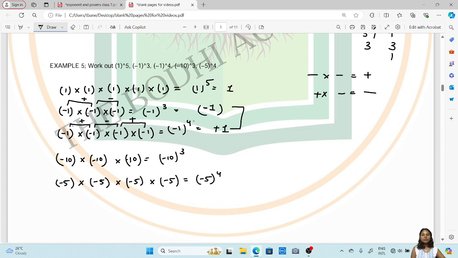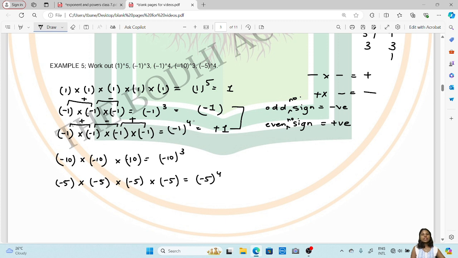So now what we need to know over here is that when there are odd signs, now see here, there are three negative signs. So it will always be negative when there are an odd number of signs. And when there are even, then it will always be positive.